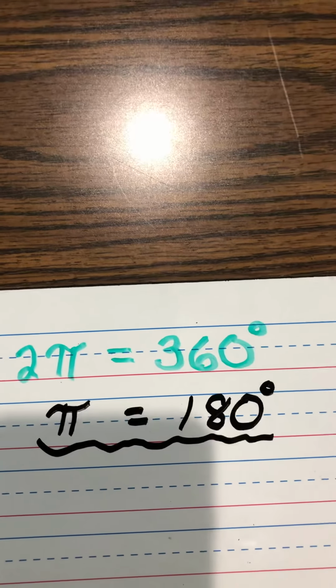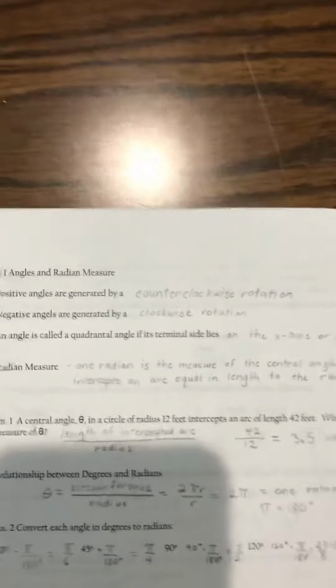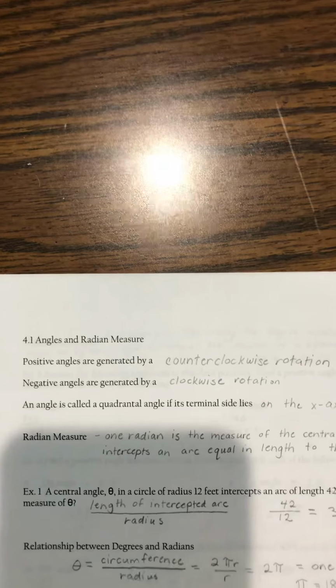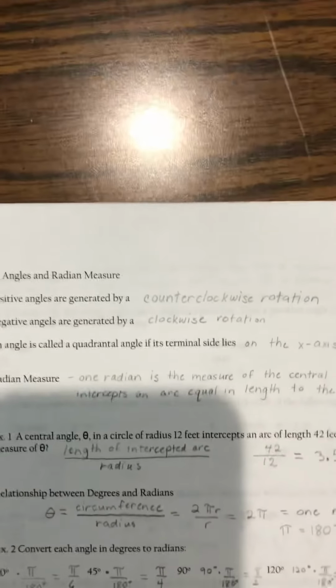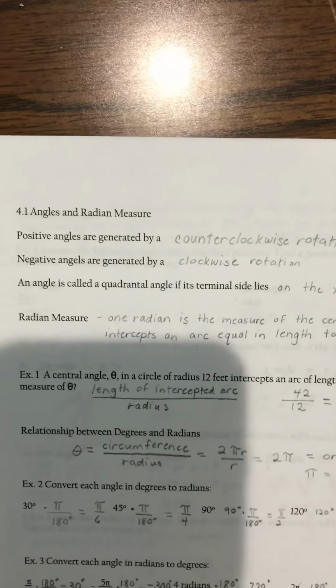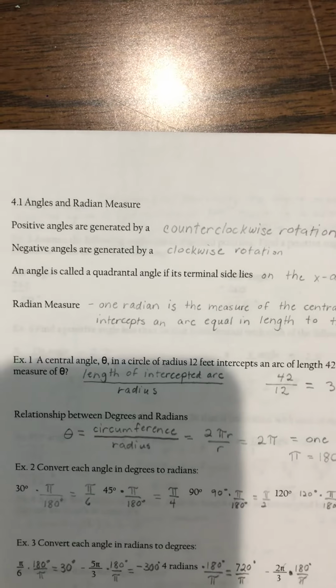So for example, looking at our notes, just to summarize here, positive angles are generated by a counterclockwise rotation. Negative angles are generated by a clockwise rotation.